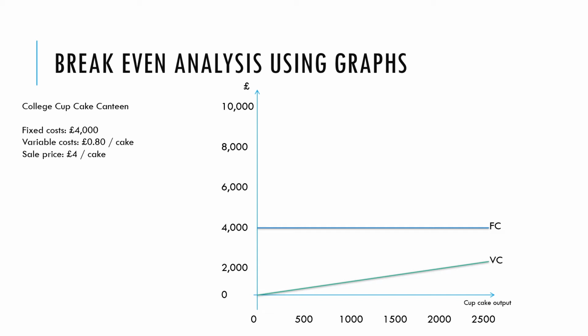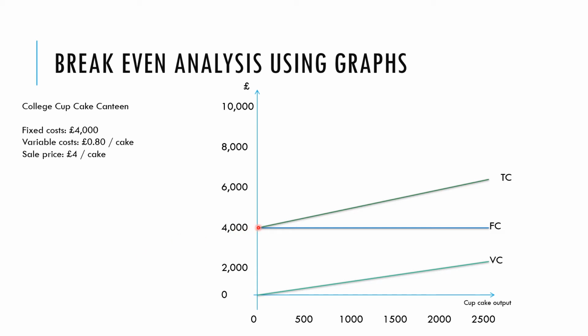We can then say, well, let's draw a line that shows us what our total cost would look like for any number of cupcakes that we might produce. Well, as we know, total costs are the fixed costs plus the variable costs. If I add these two lines together, I would get a line that gives us the total cost for any number of cupcakes produced.